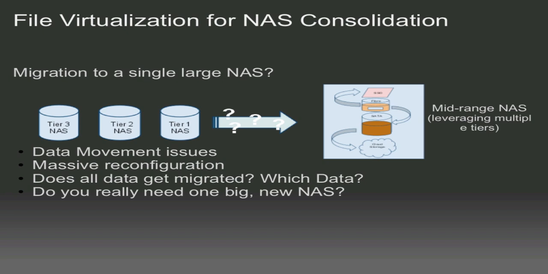So an example we have here is instead of migrating to a single large NAS, migrating to a single mid-range NAS that has multiple tiers that can be leveraged. Again, SSD, fiber, SATA, and possibly cloud or dedupe storage. And again, it really takes care of the data movement issues for you automatically.